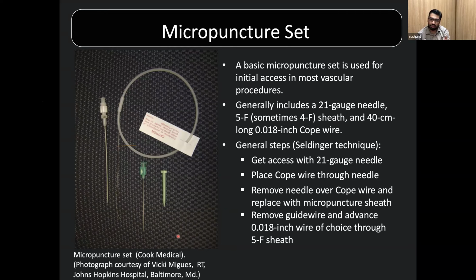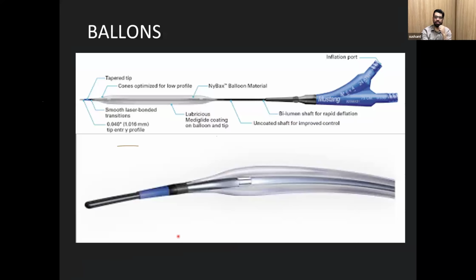It is not a 0.035, and then simultaneously we can insert a dilator over this guide wire. Now this dilator can accommodate a larger wire also, and similarly we can upgrade our micropuncture from a 0.018 to a 0.035 system. So depending on our requirement, to start with we can have a normal 18 gauge access needle or a 21 gauge or micropuncture access needle.